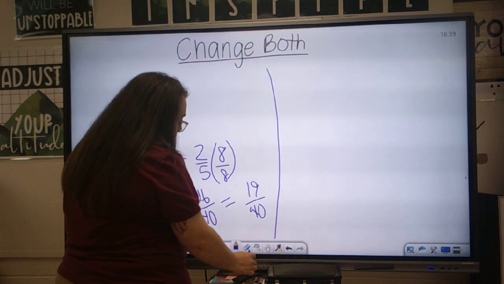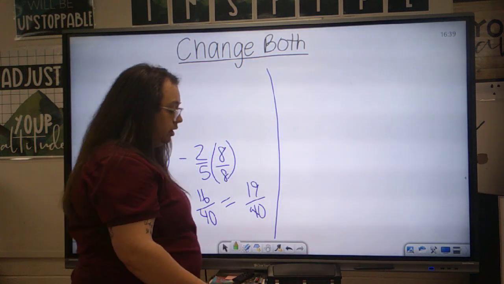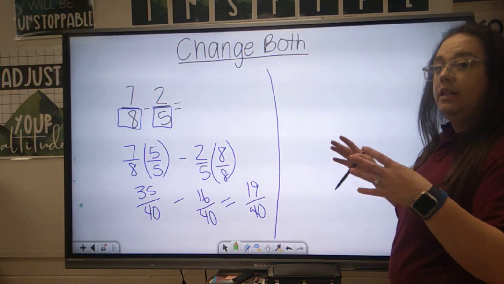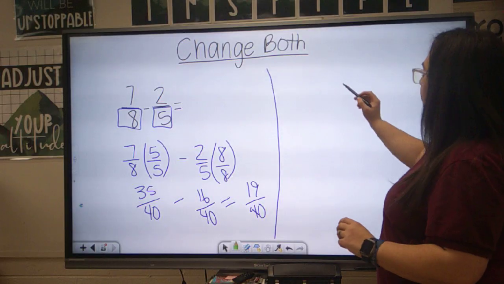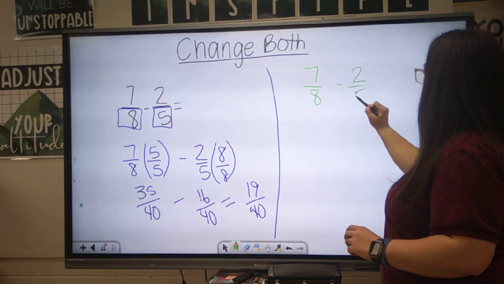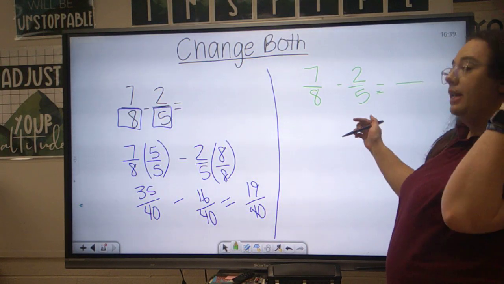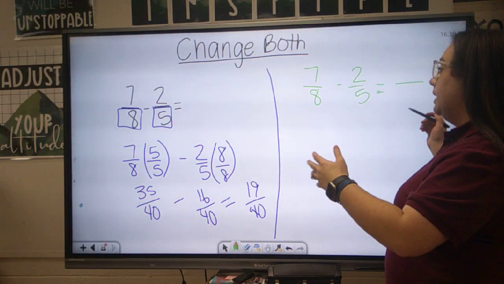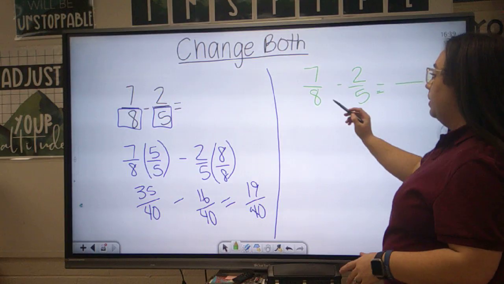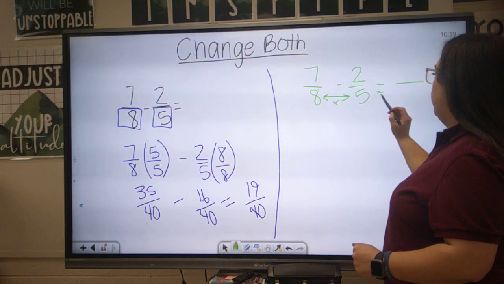However, there is one more strategy, or another way that you could work this equation out. So we're going to use the same fractions, but we're going to do the steps just a little differently. So 7/8 minus 2/5. We need a common denominator, and we already know that our common denominator is going to happen when I multiply 8 and 5.